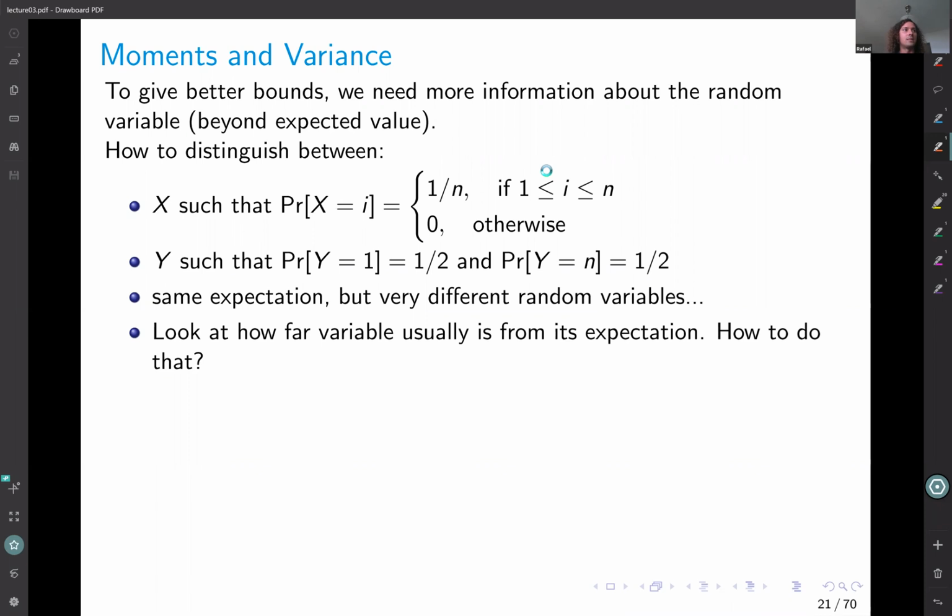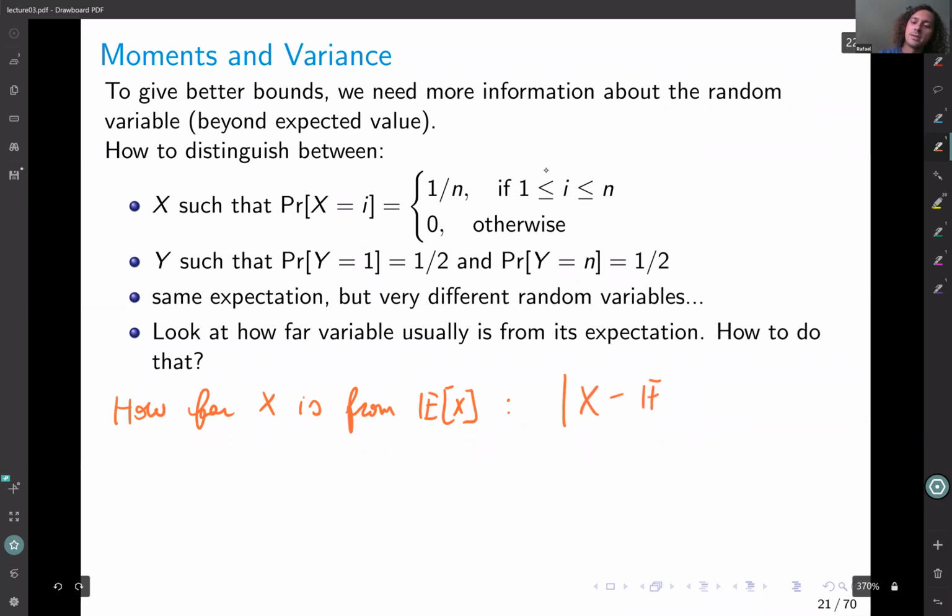Now, how do we do that? How far is X from its expectation? This is actually quite easy, because we can just look at the absolute value of the difference between X and the expectation of X. This is a measure of how far I am from my expectation, correct?